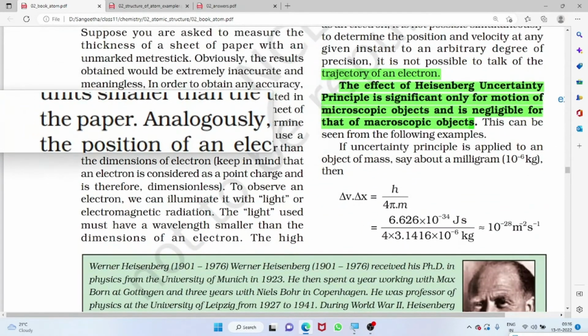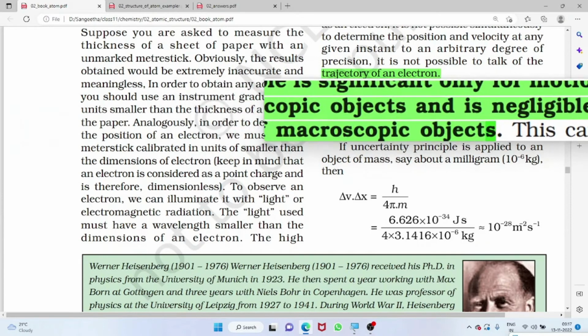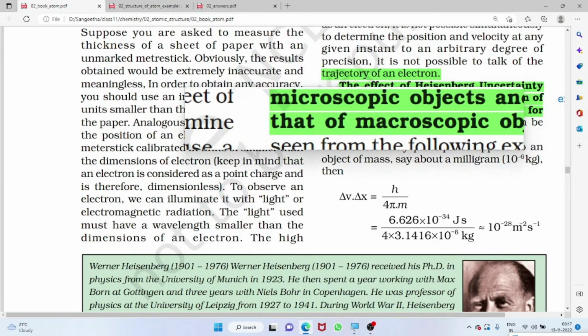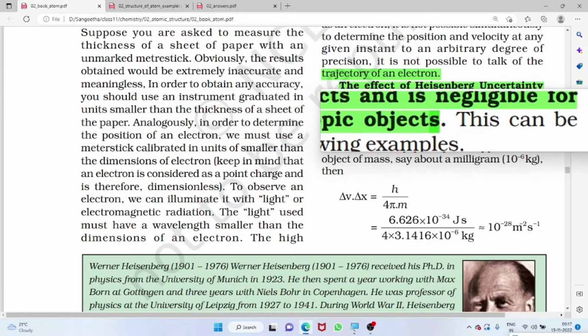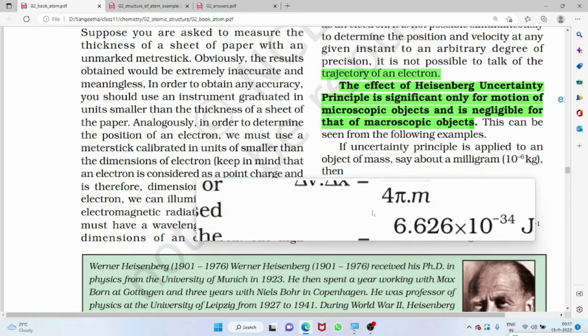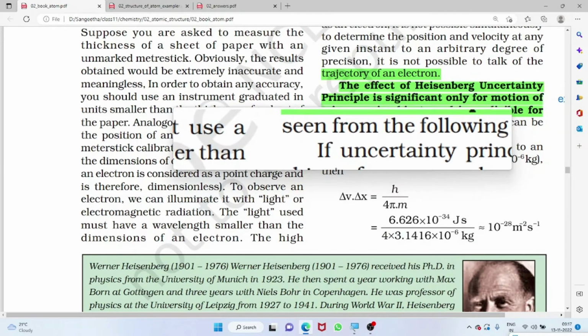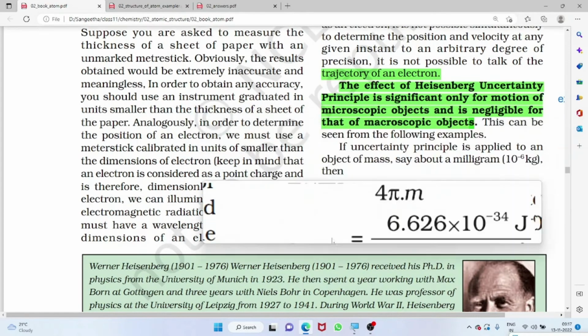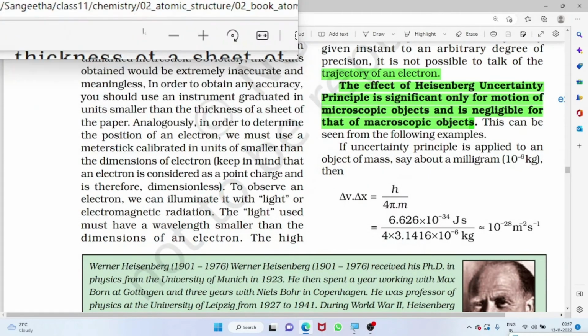See, the effect of the Heisenberg uncertainty principle is significant only for the motion of microscopic objects and it's negligible for that of macroscopic objects, and they have given the proof with the explanation here. You can go through it. This can be seen from the following example. So you can go through this example and learn.